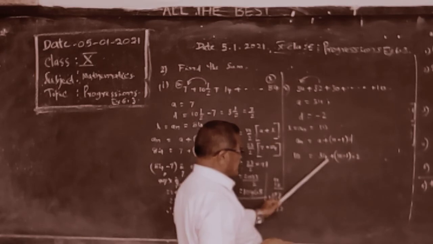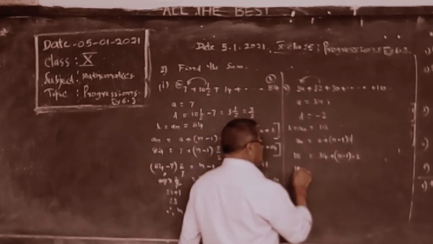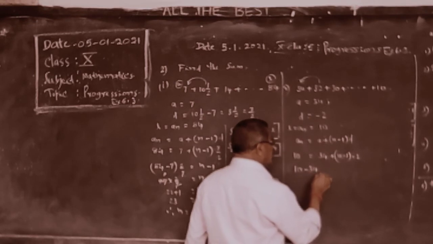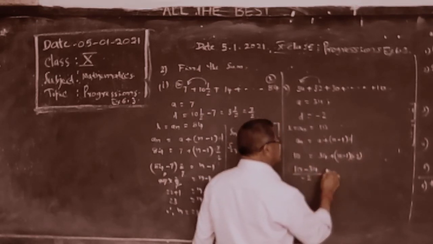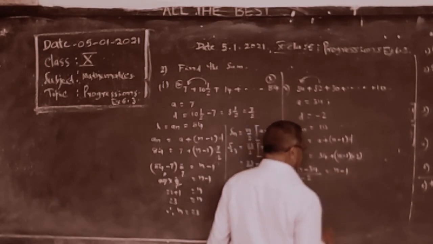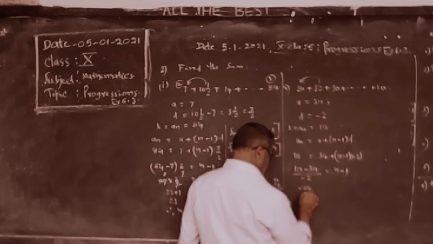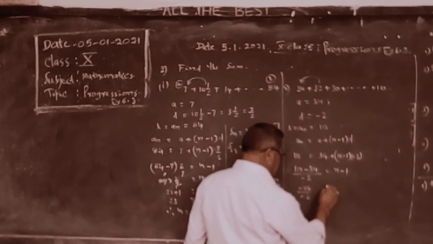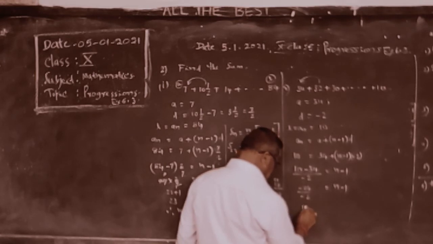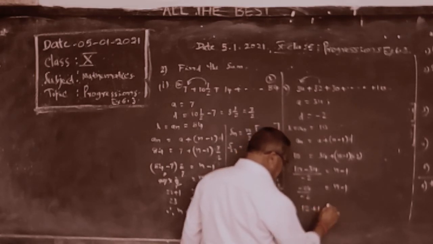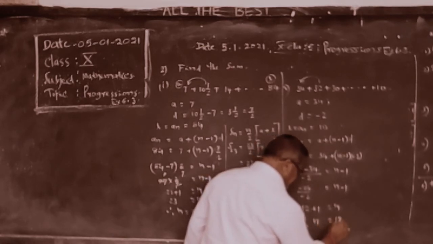This plus 34 will come to the other side as minus: 10 minus 34, into minus 2, is equal to n minus 1. Minus 24 by minus 2 is 12, so 12 plus 1 is equal to n, therefore n is equal to 13.